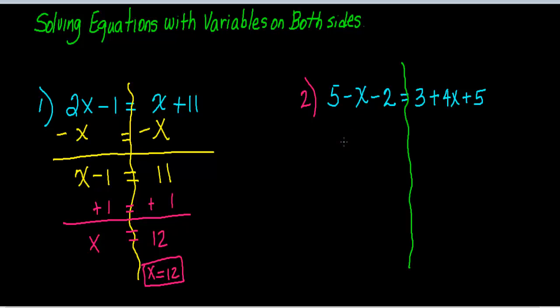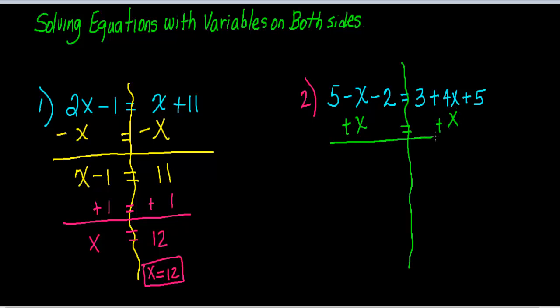So how do we do that using math? Since I have minus x and I want to make this equal 0, that's the way of eliminating it from this side. How do I do that with math? Well, I add x, right? Because negative x plus x will give you 0. And whatever I do to one side of the equal sign, I have to do to the other side of the equal sign. So I'm going to add x to this side.